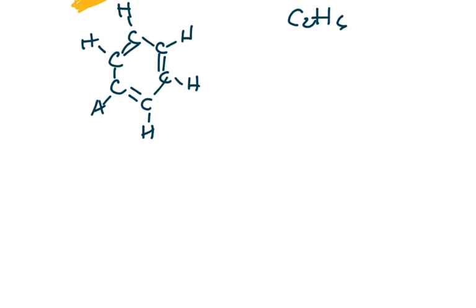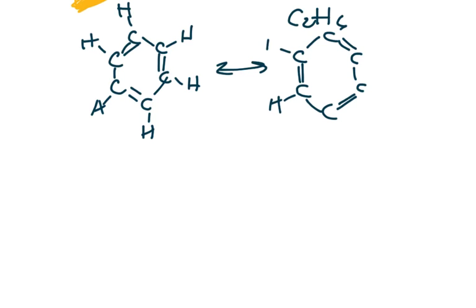That was good, except I could have done the same thing but put the double bond elsewhere. So here I have single, double, single, double, single, double. And now I'm going to go back and do double, single, double, single, double, single, with my hydrogens out here. So I get 2 resonance structures for this.